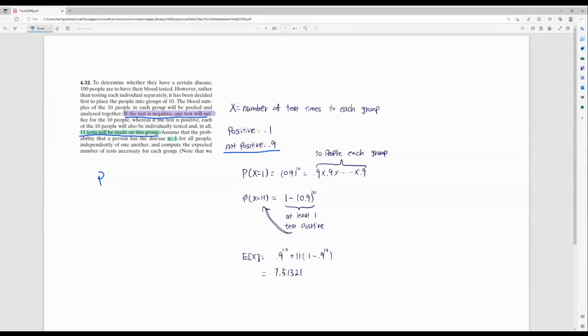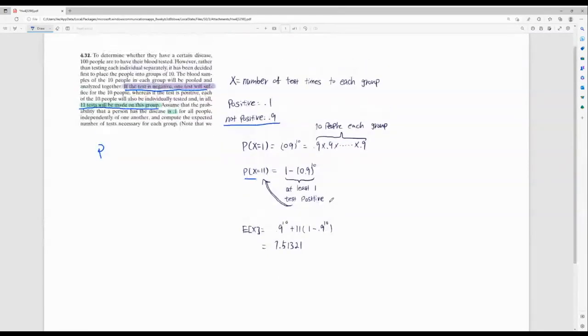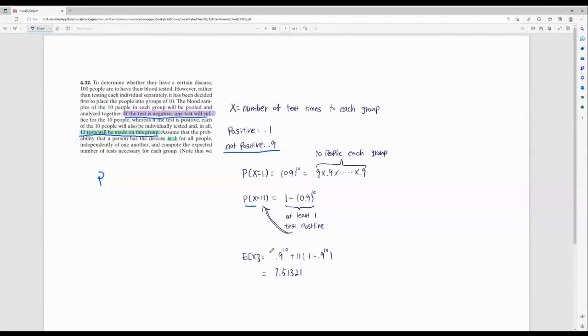And then for P of x equals 11, that's the complement of none of the people in the group testing positive, so we have 1 minus P of x equals 1. And we just plug into the formula. So we have 1 times this plus 11 times this. And once we evaluate it, we got 7.5.